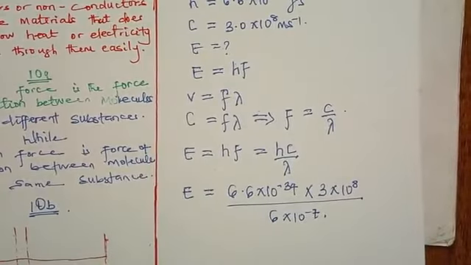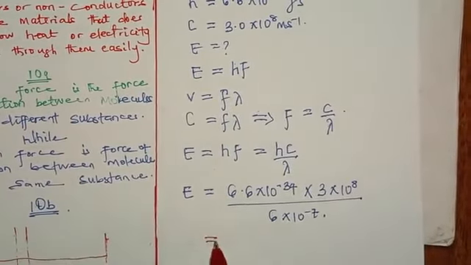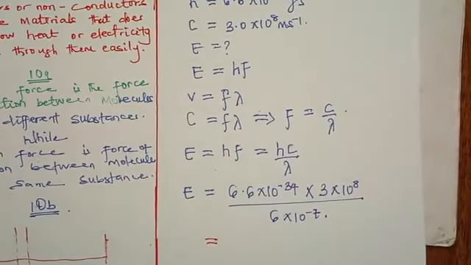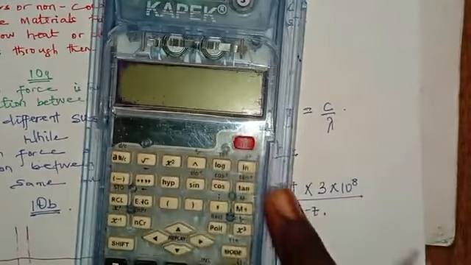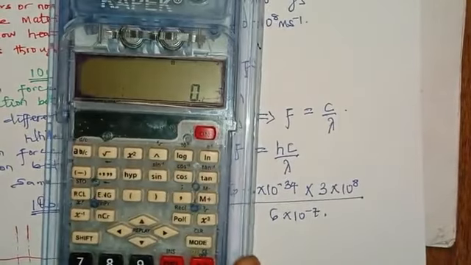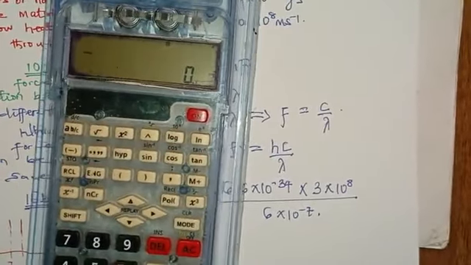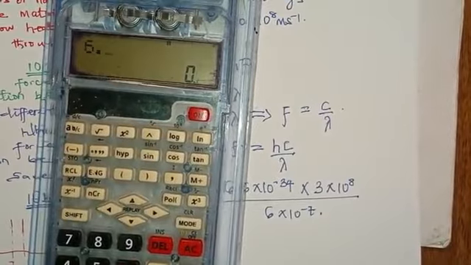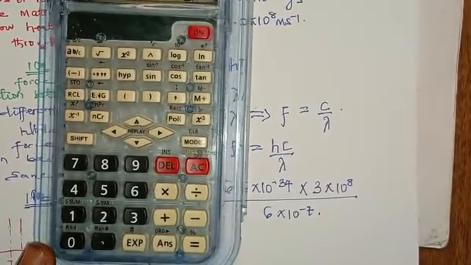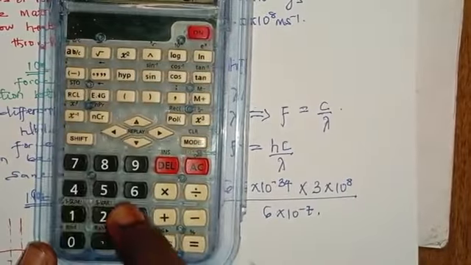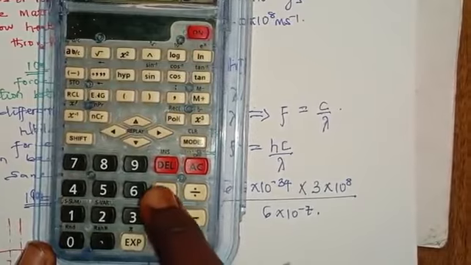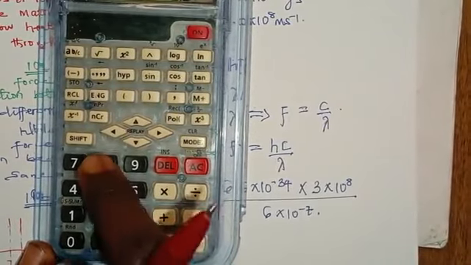So from here, if you multiply the numerator, you have 6.6, you press exponential, raised to power minus 34, multiplied by 3 exponential 8.